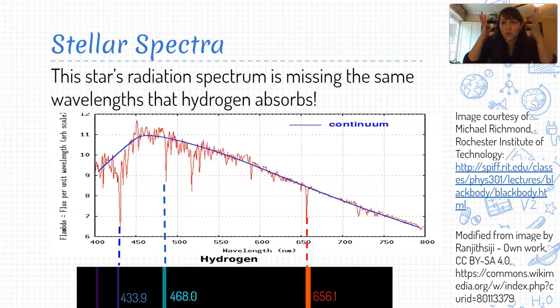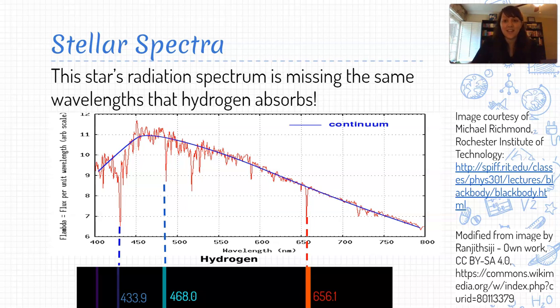It seems like just random dips, but they're not random. Those happen to be the exact same wavelengths that hydrogen is able to use to get its electrons to jump from one energy level to the next.